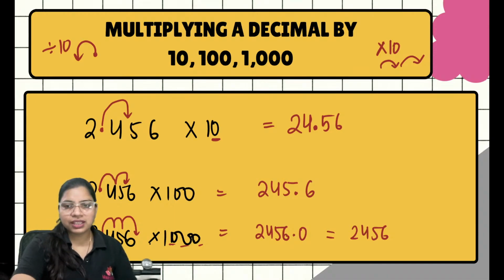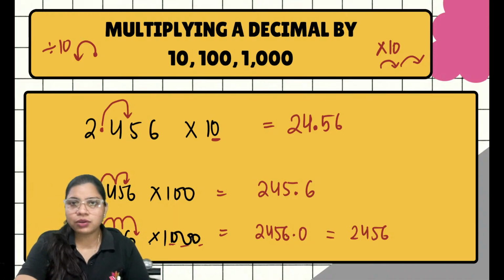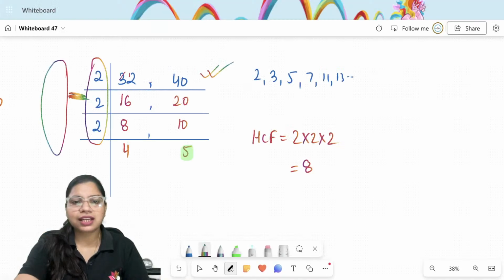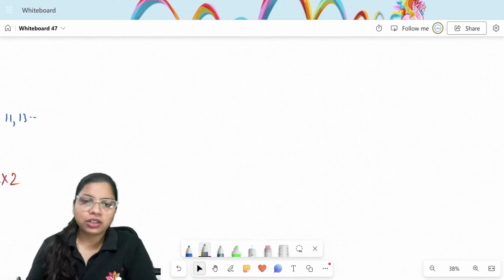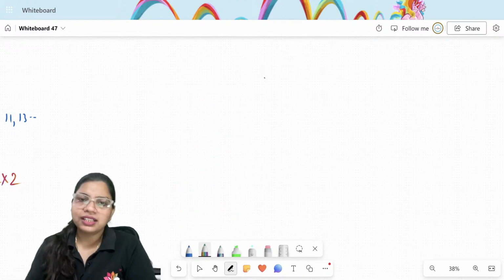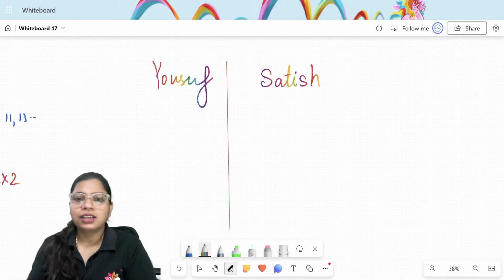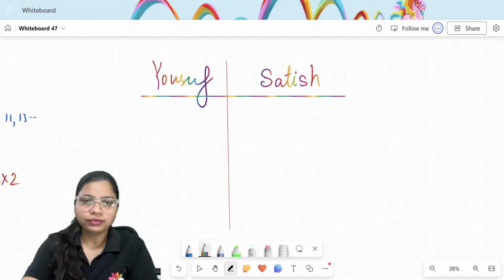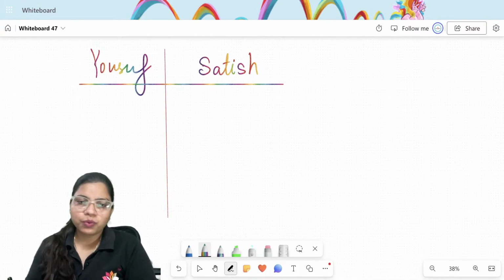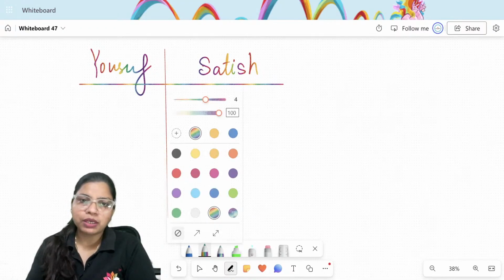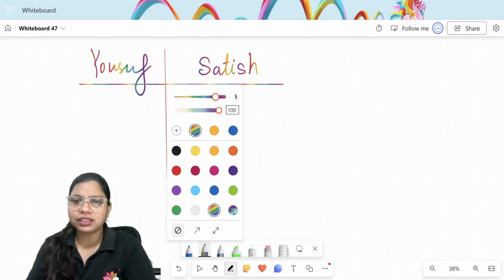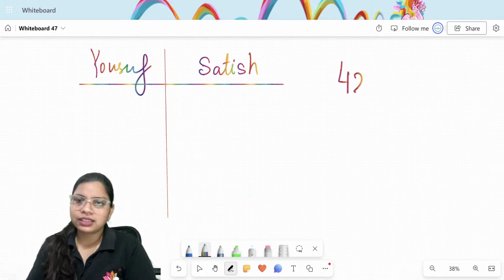So I'm expecting you to be understanding this, but let me go to the whiteboard and discuss this again. So we have the challenge between Satish and Yusuf today. The question was, say for example, we have the number 42876, and we have a decimal here.